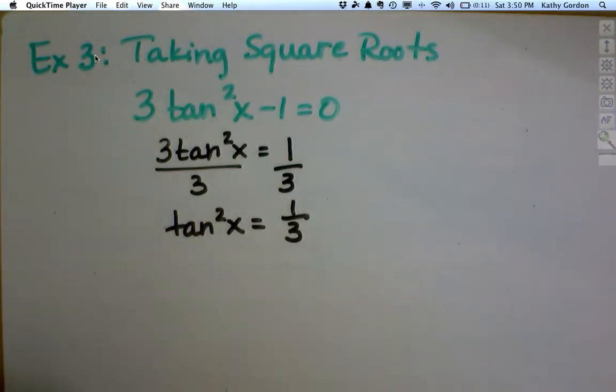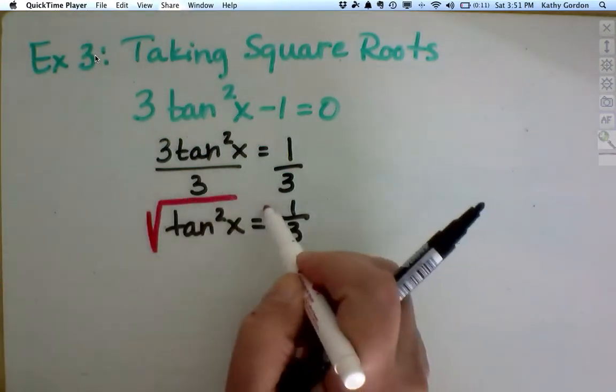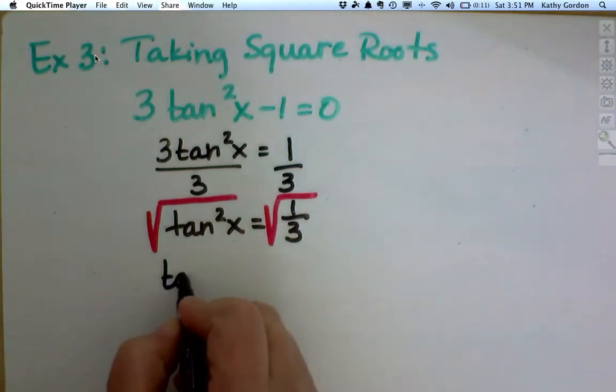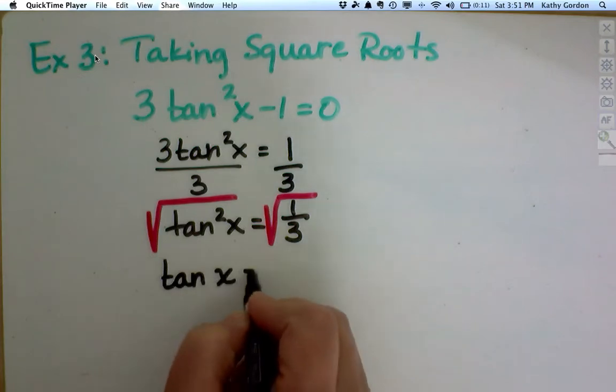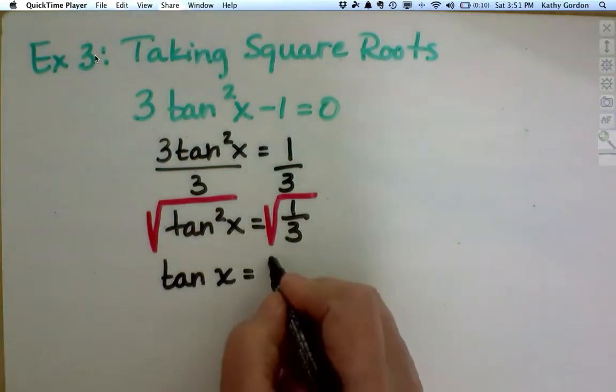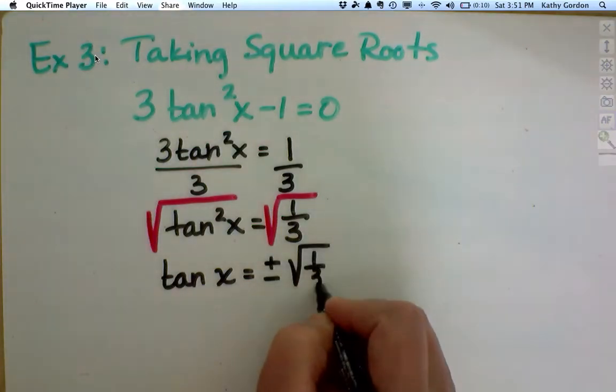Now, when I take the square root of both sides, we have to remember that because this is one of the steps in solving an equation, it's going to be plus or minus the square root of 1/3.